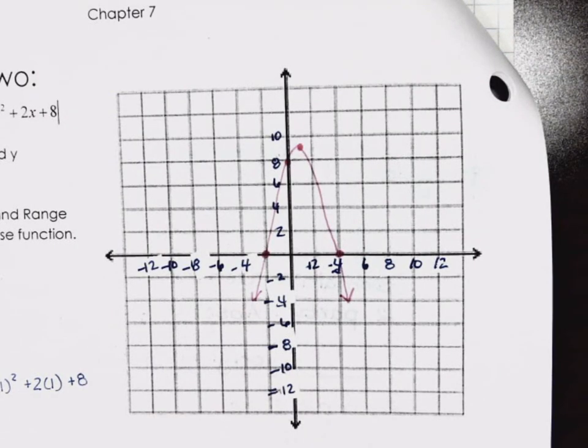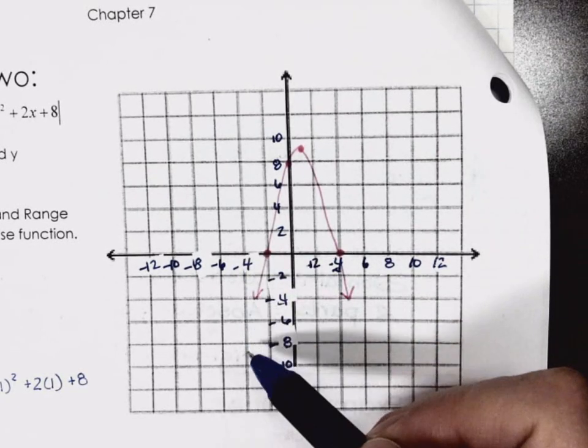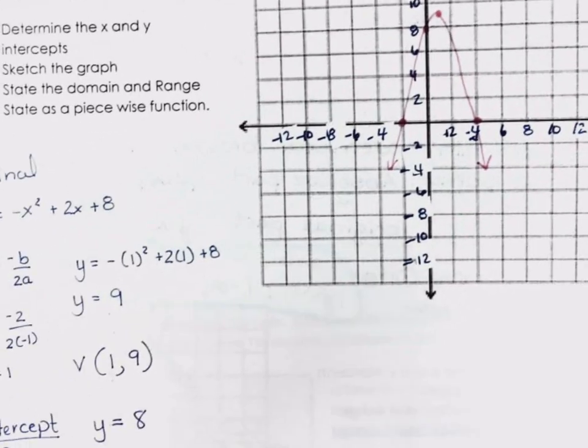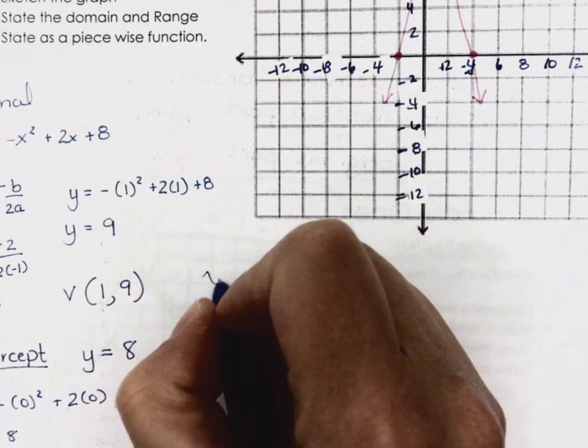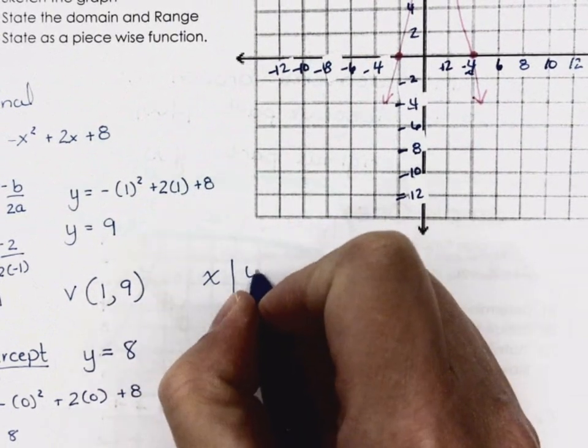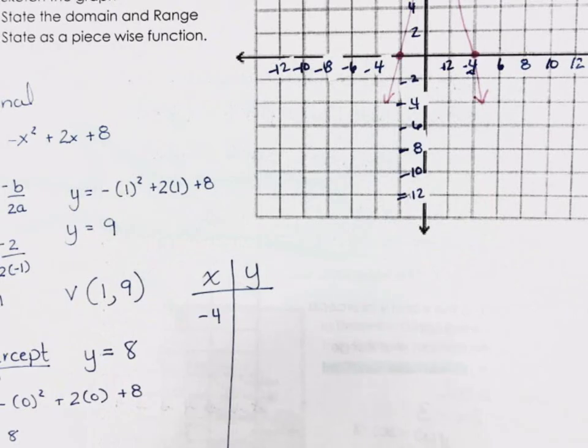I know if I go to negative 4, I'll have some point under the x-axis, right? So all I got to do is a table of values. If I do negative 4, I'm going to sub it into the equation. What do I get?